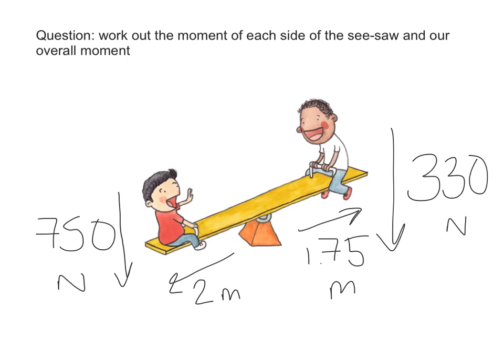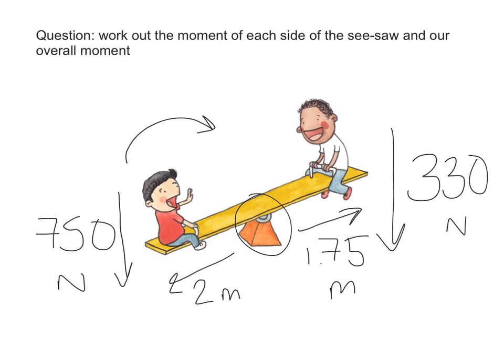Here is your question. Work out the moment of each side of the seesaw, so our clockwise and our anti-clockwise moment, and then work out the overall moment. The person on the left, so that will be our anti-clockwise moment, has a force of 750 newtons, and is at a perpendicular distance of 2 meters from our central pivot.